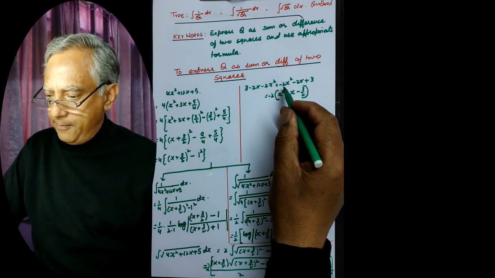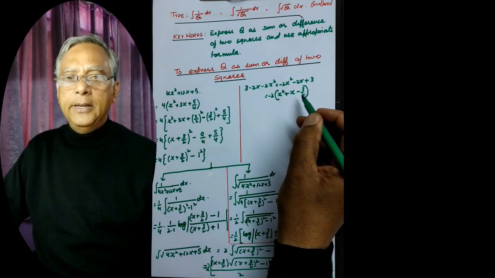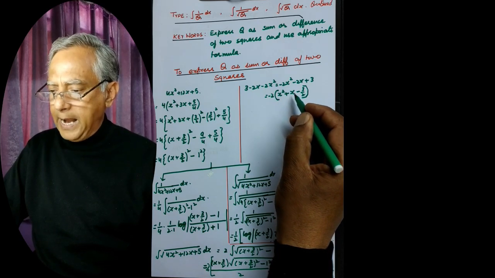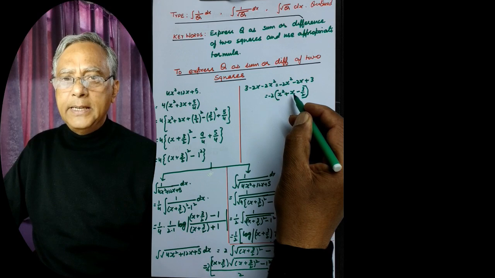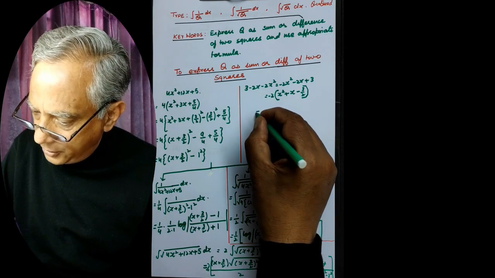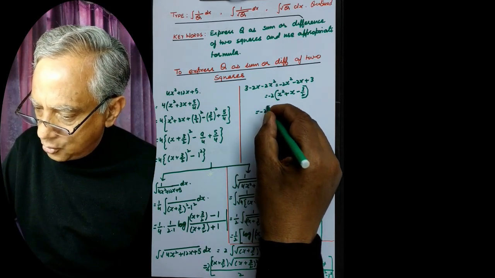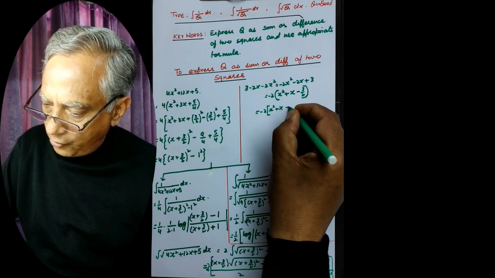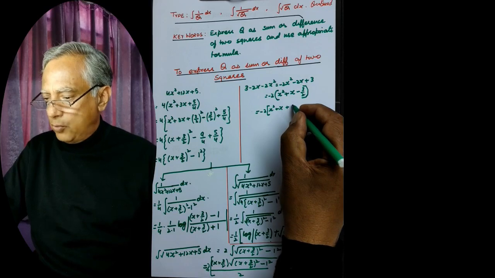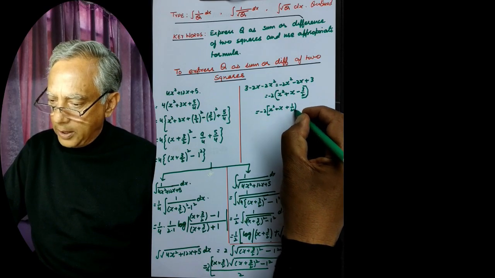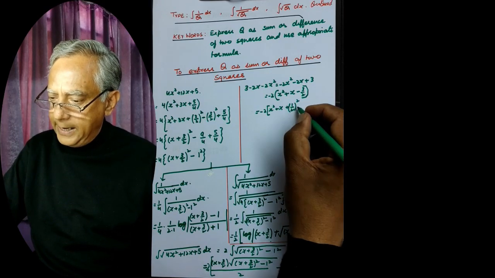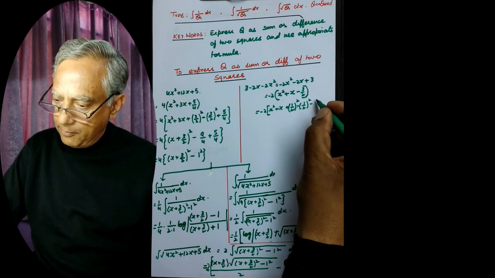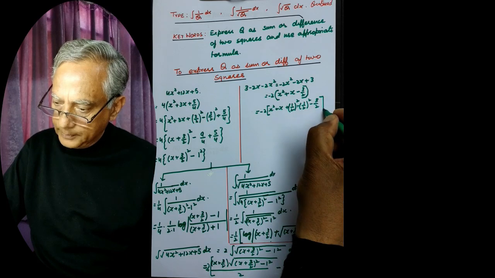So first we make the coefficient of x square unity. Now the second step is to add and subtract half the coefficient of x, whole square. So this will be minus 2 into x square plus x, and half the coefficient of x is 1 by 2. 1 by 2 whole square will be added and 1 by 2 whole square will be subtracted, minus 3 by 2.